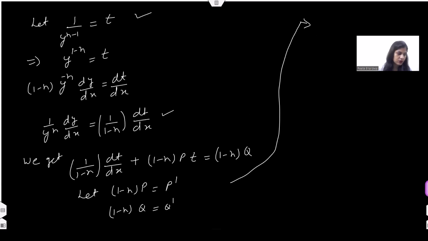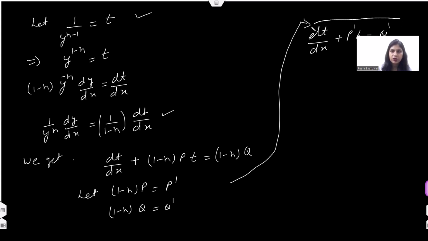After doing this substitution, with 1 by y raised to power n minus 1 being t, by using these substitutions we get dt by dx plus p dash t is equal to q dash, where p dash is 1 minus n into p and q dash is 1 minus n into q.